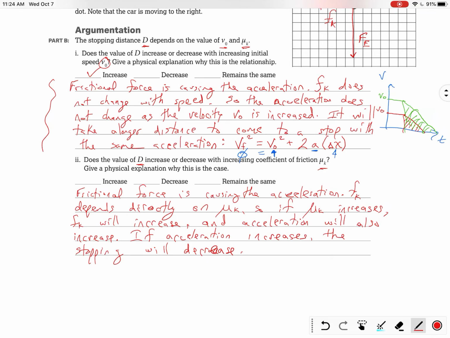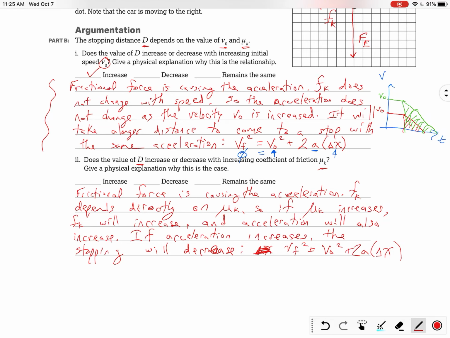All right. And again, if you want to throw in a kinematics relationship, although you don't need to go in and analyze it, the one that I would choose is essentially the same one. It would be the same one. V sub f squared is equal to v0 squared plus 2a delta x.